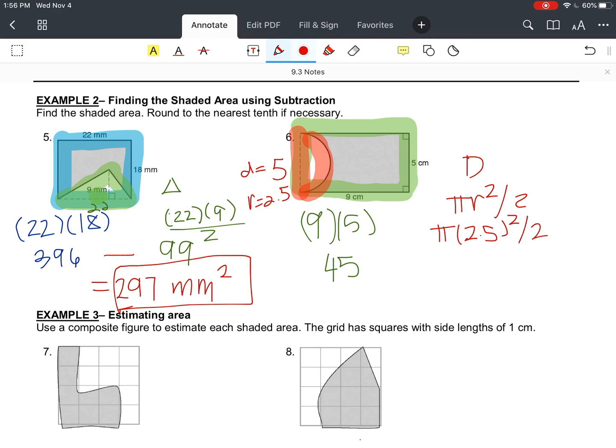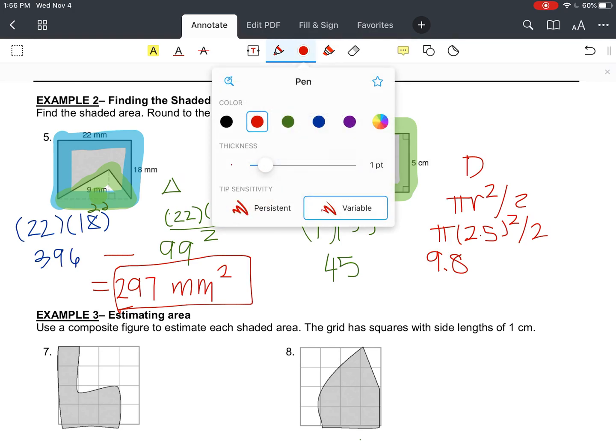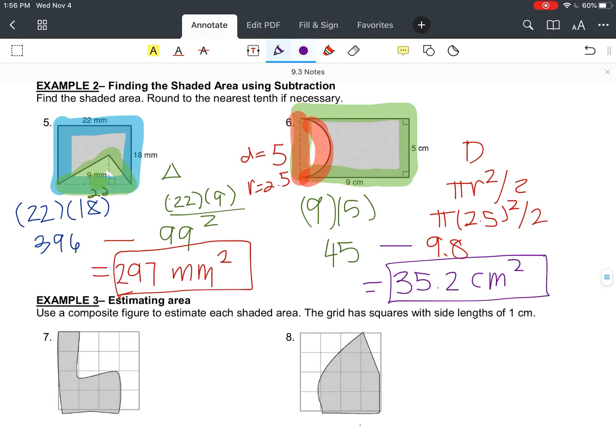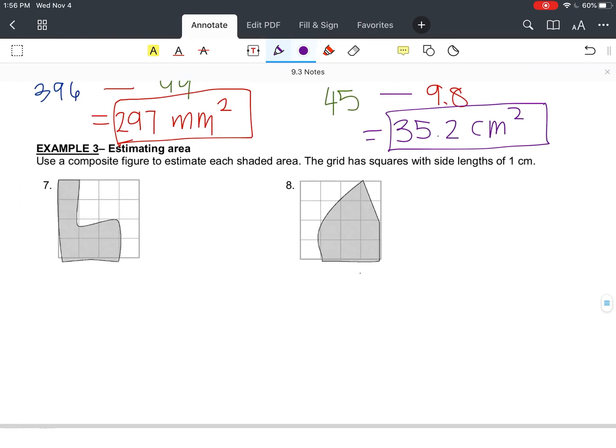So it's going to be pi times 2.5 squared divided by 2 because, again, this is only half of a circle. And that's roughly 9.8. And now I subtract 45 minus 9.8. You get 35.2 centimeters squared.